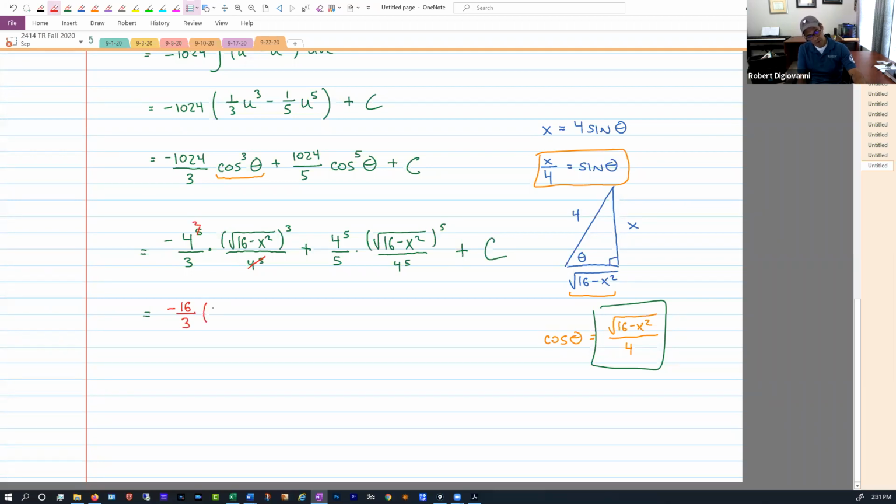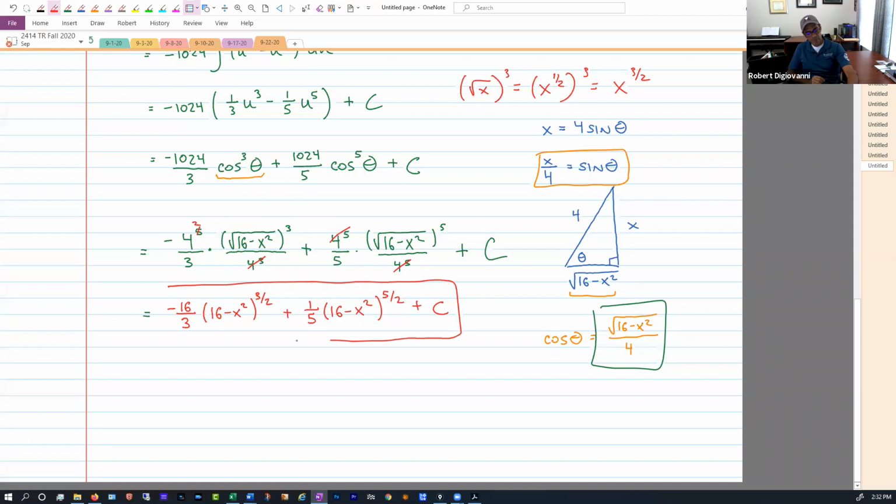And watch how I write this, 16 minus x squared to the 3 halves. If you have the square root of x and then you cube it, that's x to the half cubed, which is x to the 3 halves. So I'm just rewriting the square root of something cubed to be that something to the 3 halves. Plus, these cancel completely, 1/5 (16 minus x squared) to the 5 halves, plus c.